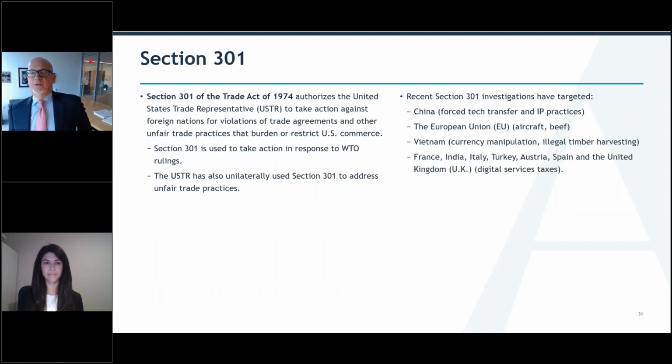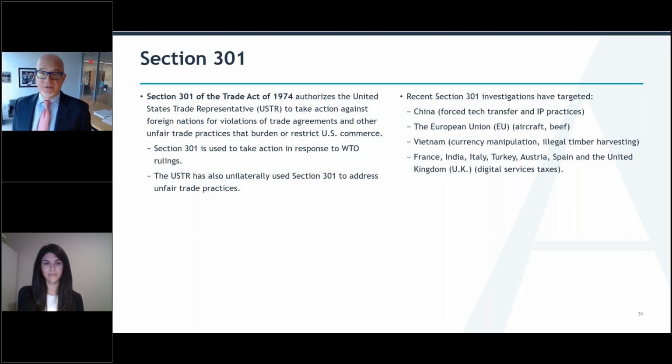This is really the one that folks have probably read the most about. Section 301 is the provision that the Trump administration used to impose duties on hundreds of billions of dollars of product from China. And during the Trump administration, there were lots of threats of using that law against a variety of other products as well.